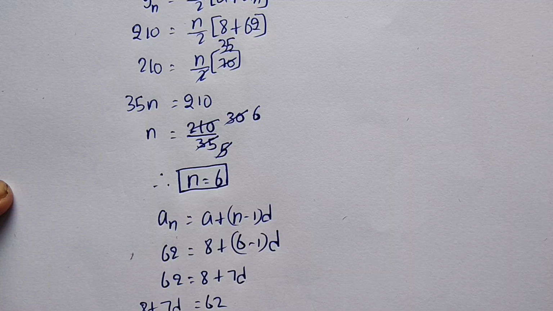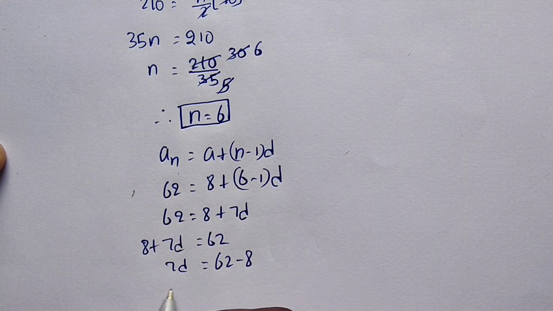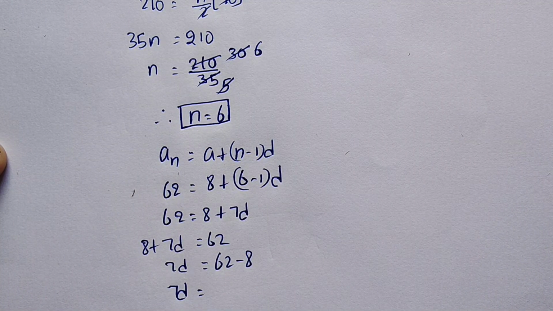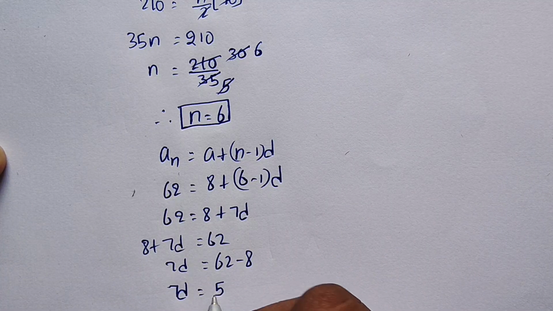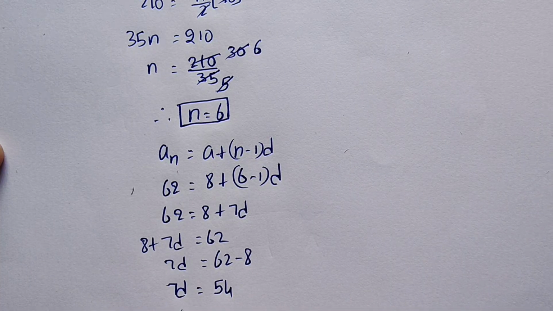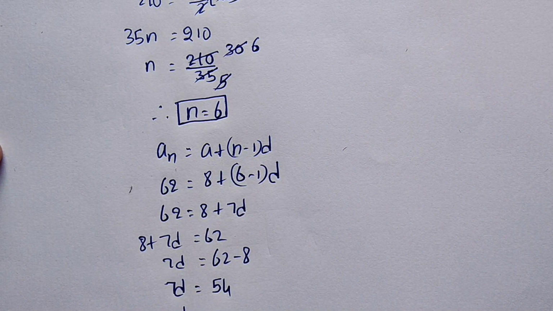Now I am going to transpose the 8 to the right side. It becomes 62 minus 8. So 7d equals 62 minus 8, which means we get 54. Understand?